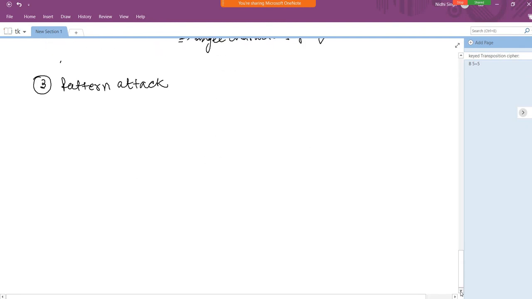In the keyless transposition cipher, we take one example plaintext: Meet me at the park. Right? And what are its positions? 1, 2, 3, 4, 5, 6, 7, 8, 9, 10, 11, 12, 13, 14, and 15.